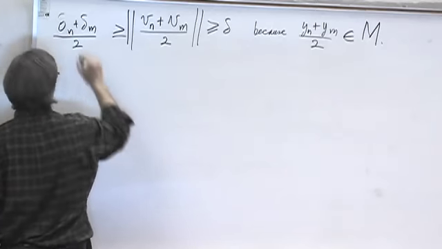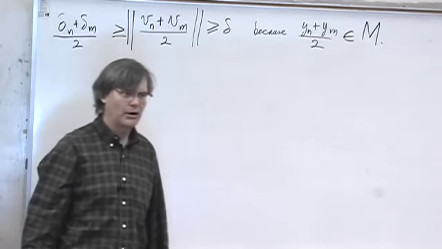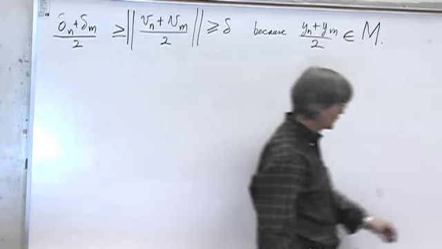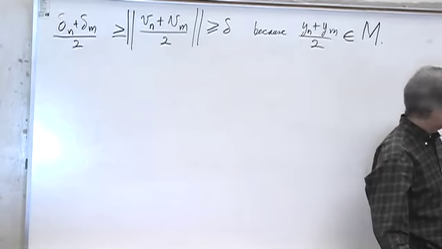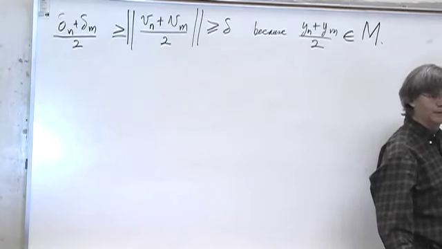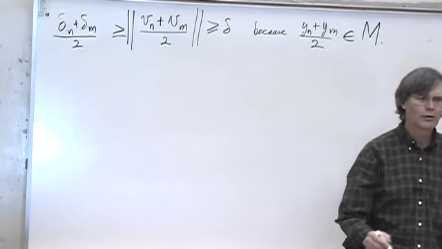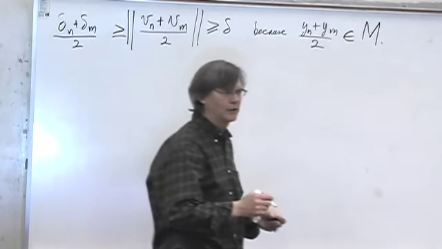So it's about delta when n and m are large. All of these three vectors are about delta. This is just the average of the two lengths, practically speaking. We've got it cornered in there because delta n is very close to delta.